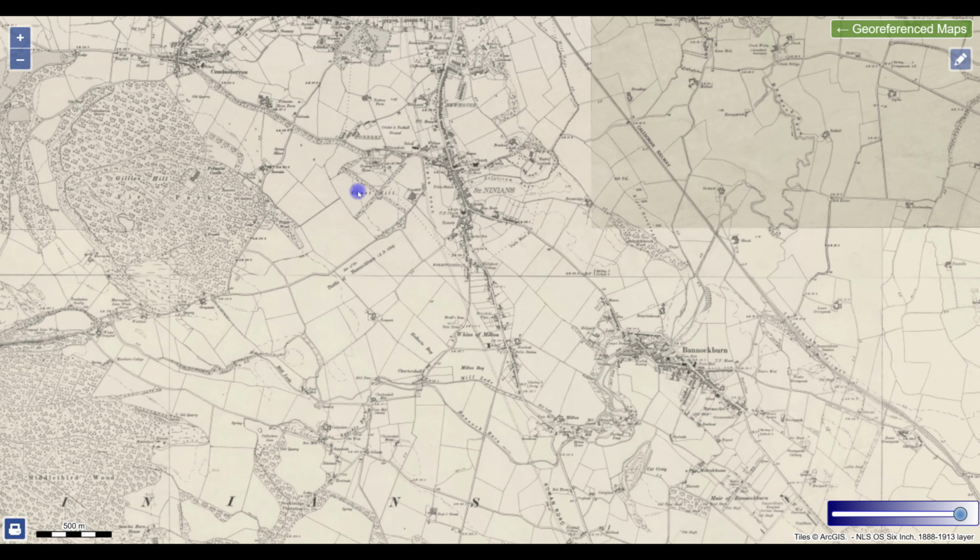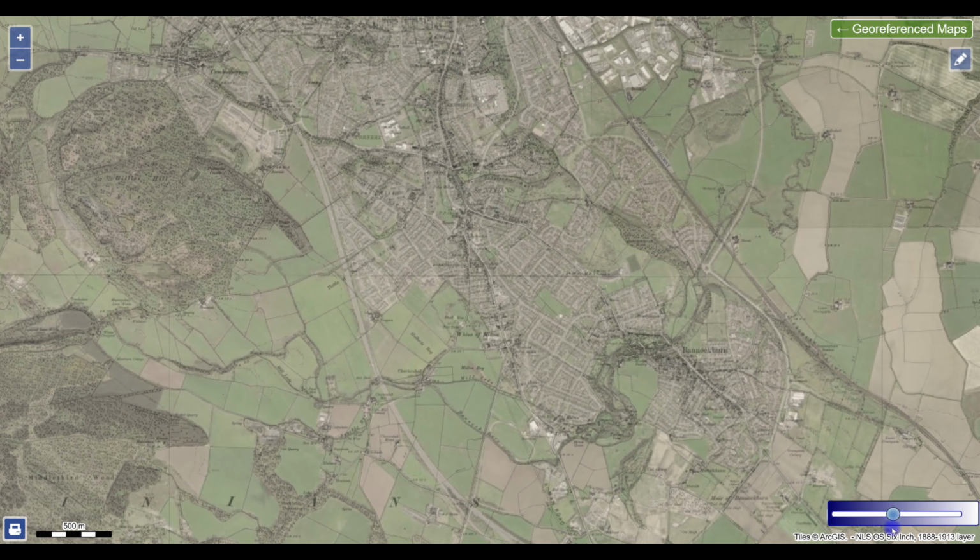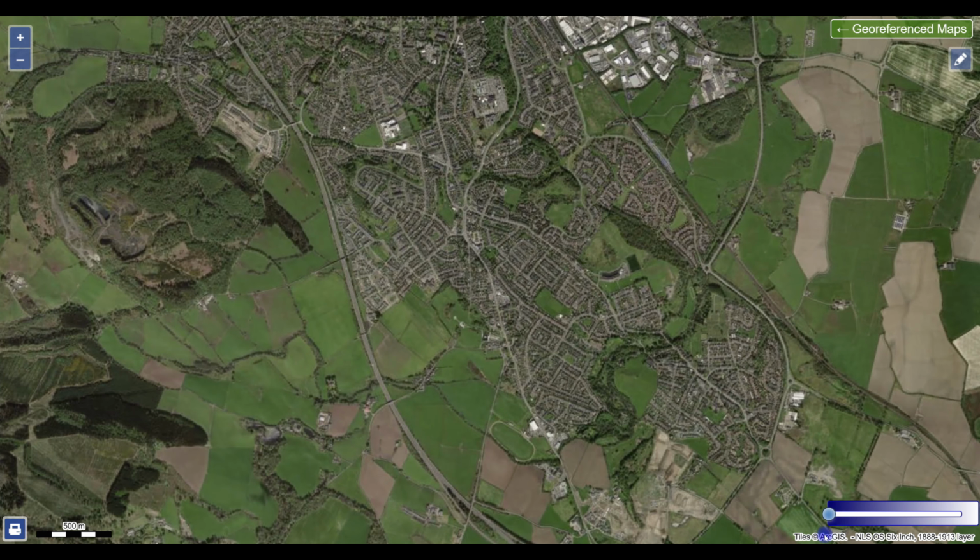So two areas that some historians believe were involved in the battle. And if I just fade up the modern map, you'll see what's there now and how it's been developed. So here's Coxet Hill with the housing estate on it, and Gillies Hill and the modern motorway running right through the middle there.